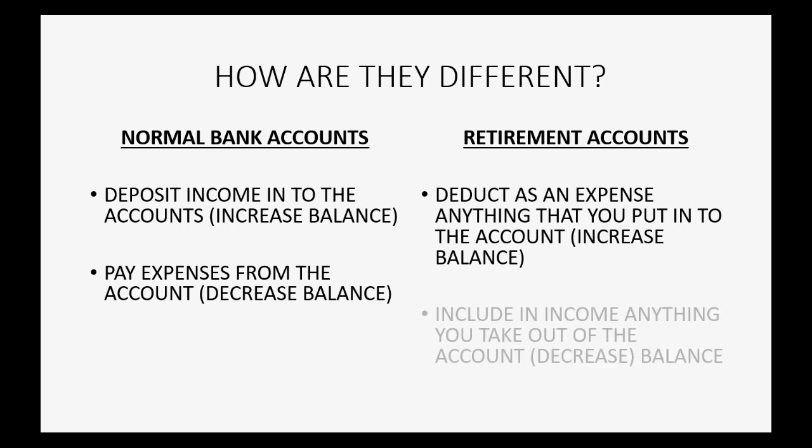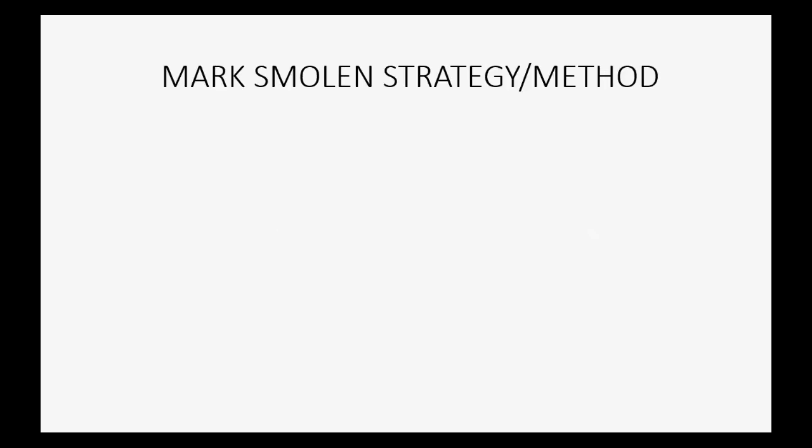And for a retirement account, you will include in income anything that you take out of the account, and that will decrease the balance. So because of this opposite behavior, we need special procedures.